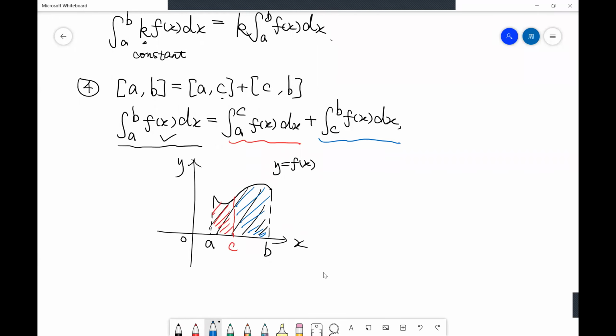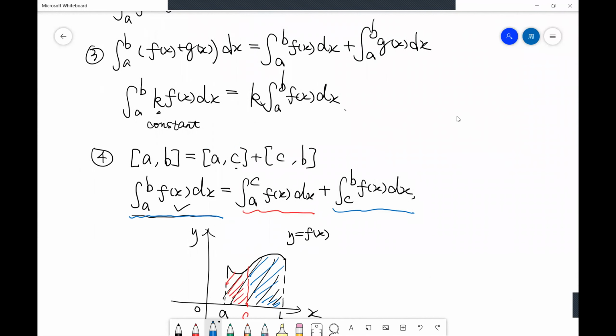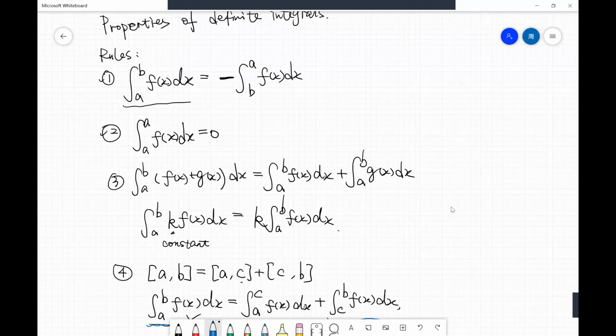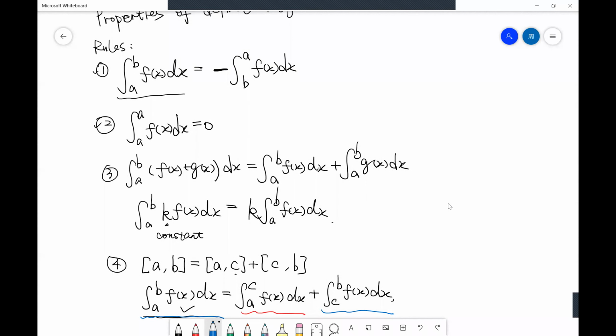And obviously they add up. So we can select a point between A and B to separate the definite integral into two parts. So here are 4 properties we often use when we calculate the definite integral.